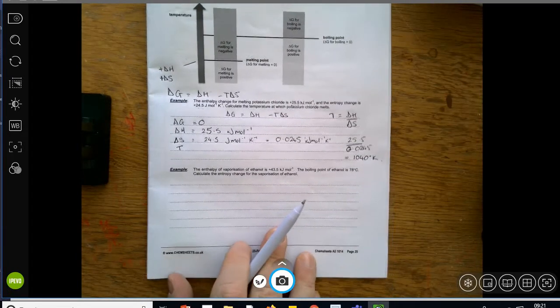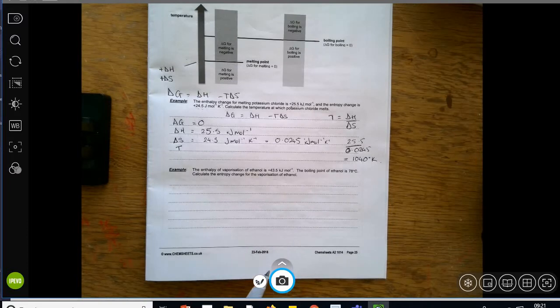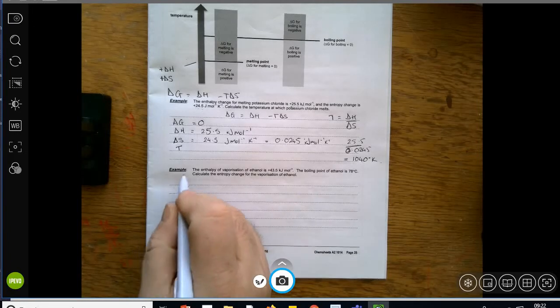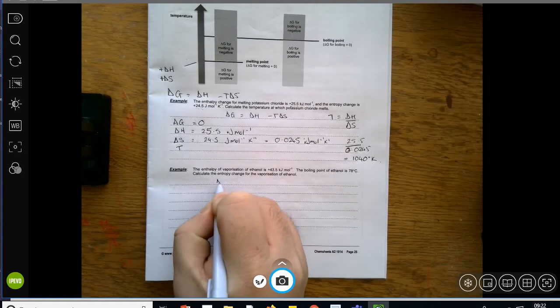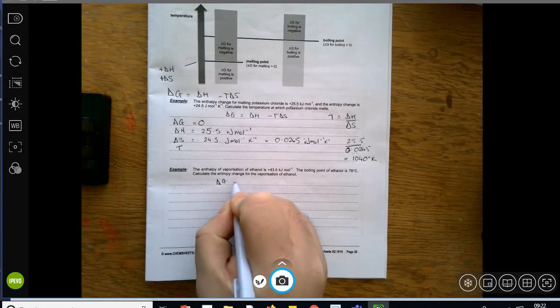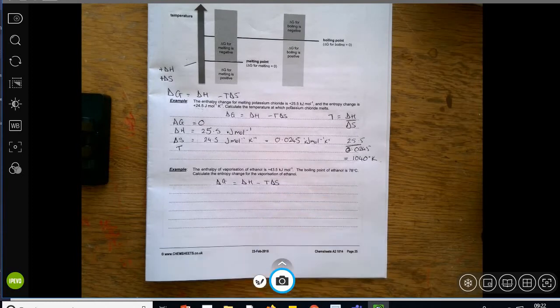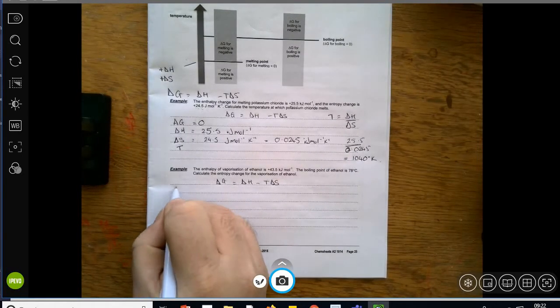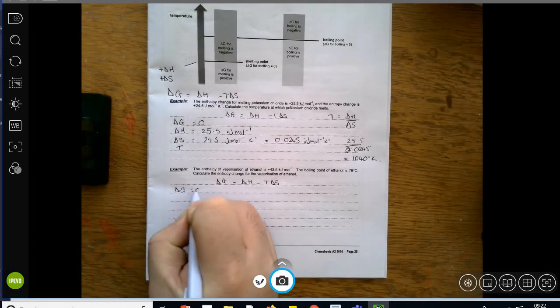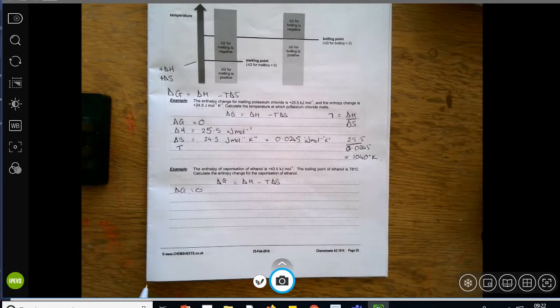Okay, it says here calculate the entropy of vaporization. The boiling point for ethanol is 78 degrees. Calculate the entropy change for vaporization. So delta G equals delta H minus T delta S. Delta G is equal to 0 because it won't be feasible if it's a value greater than 0.